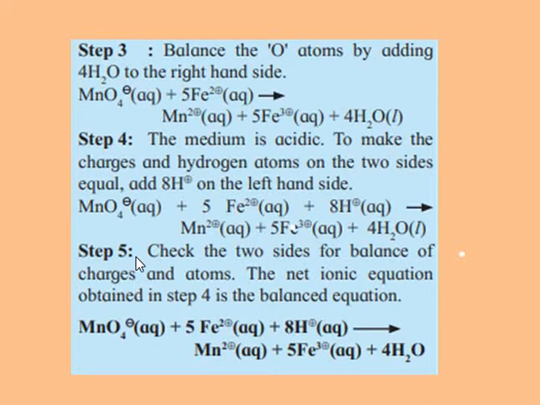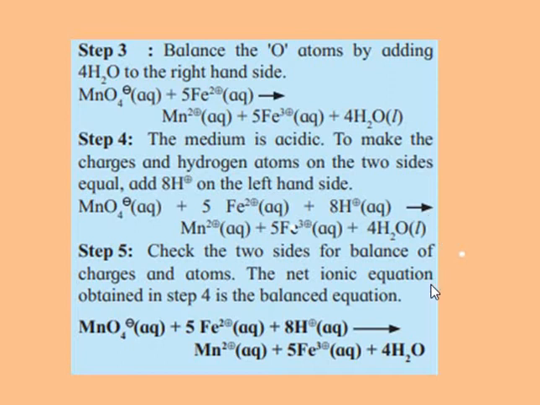In the fifth step, check that the two sides are balanced in charges and atoms. On checking, both the charges as well as the atoms are balanced, and the net ionic equation obtained in step 4 is a balanced chemical equation.